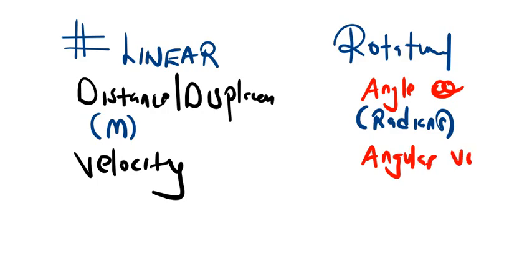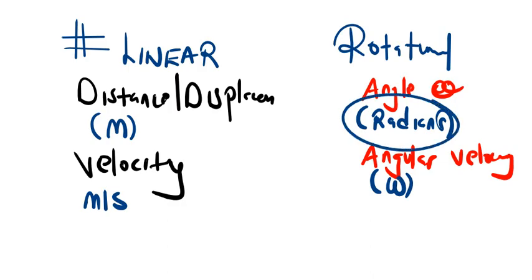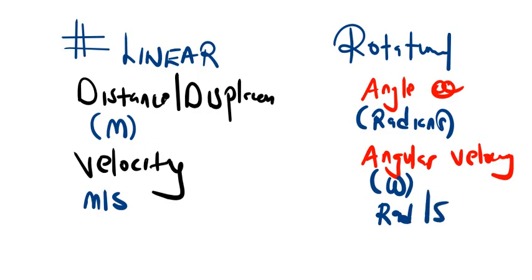We represent it by a Greek letter that looks like this: omega. We measure linear velocity in meters per second, but since the angle is in radians, angular velocity is measured in radians per second, or rad/s, okay?